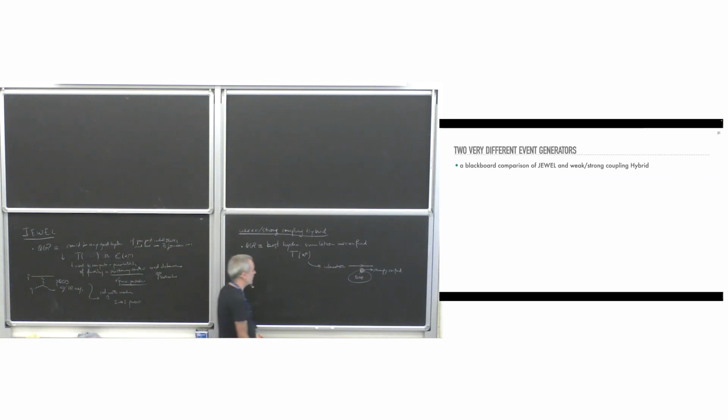Here, interaction is something strongly coupled. I don't know how to calculate strongly coupled things. So this is calculated with a holographic calculation in AdS5. Okay, I'll show a picture of how this works.